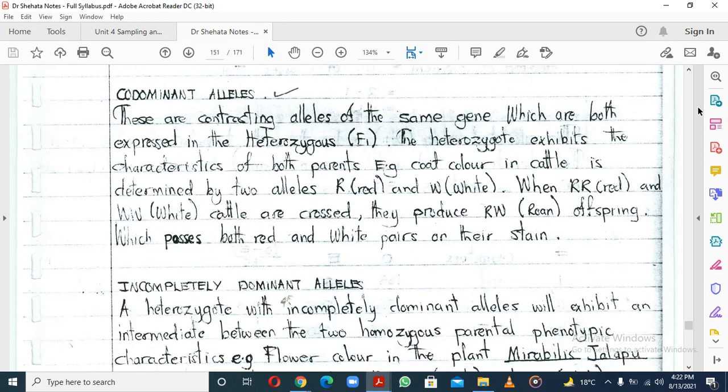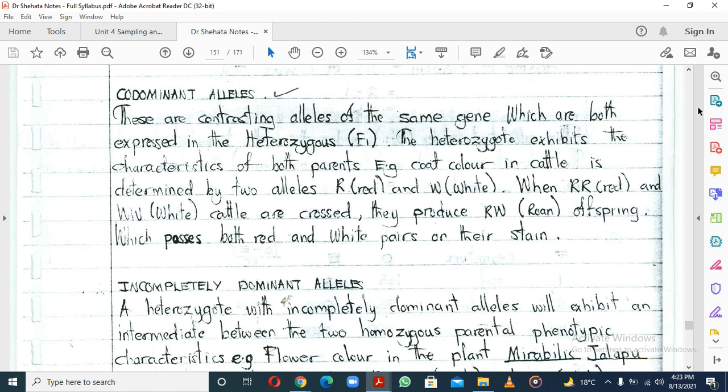Then we now have the codominant alleles. Codominant alleles are contrasting alleles of the same gene, which are both expressed in the heterozygote. So what's codominant? These are alleles where each allele is going to be seen in the phenotype even when it's heterozygous.